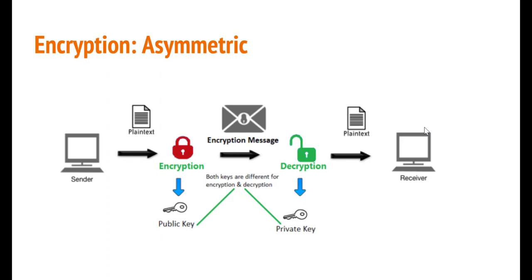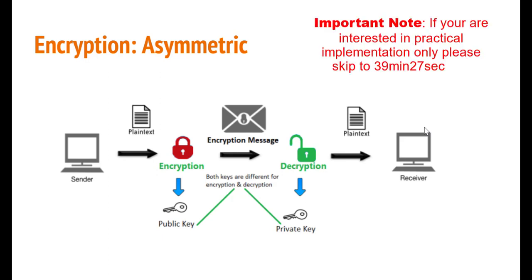The sender will encrypt the plain text message using the public key of the receiver, and once the message is encrypted, it will travel through the network and reach the receiving end. At the receiving end, the receiver will use the private key to decrypt that message, and once the decryption is successful, the receiver would be able to read the actual message.